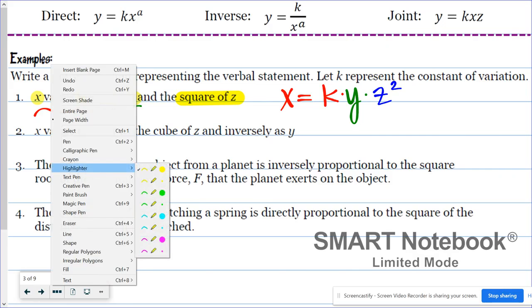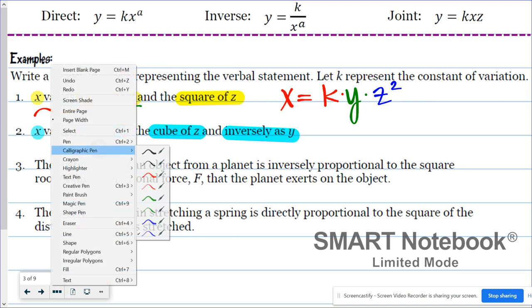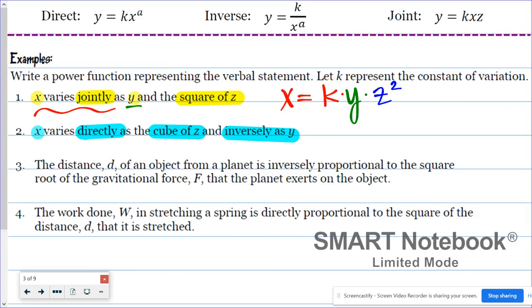Taking a look at number 2, x varies directly as the cube of z and inversely as y. Now I'm going to put all those things together. So x varies directly as, so that's going to be x equals k times, because directly is multiplication.